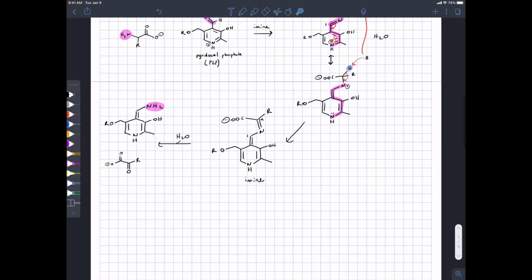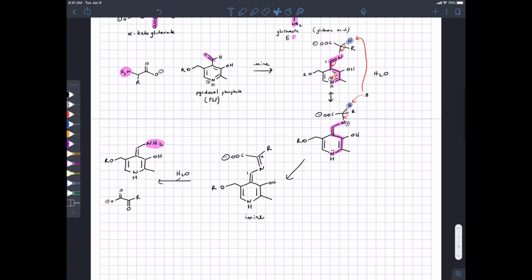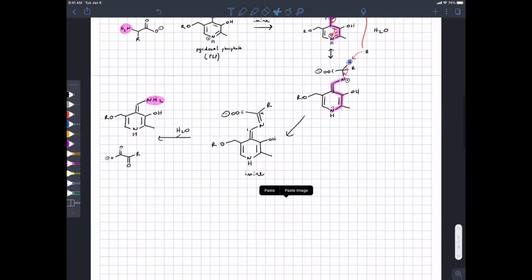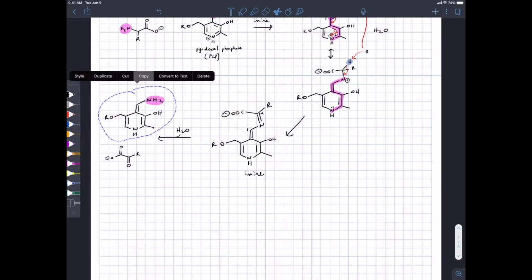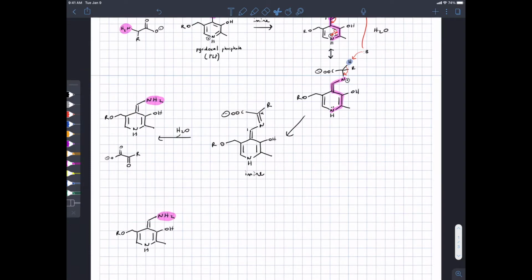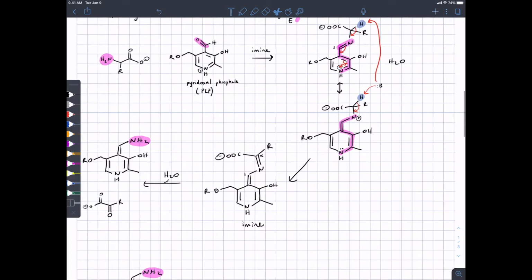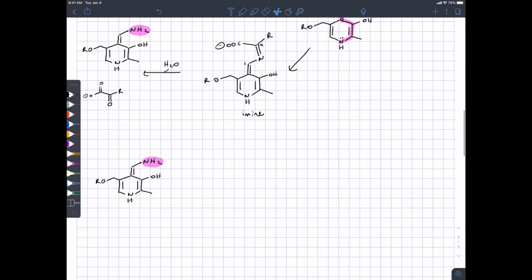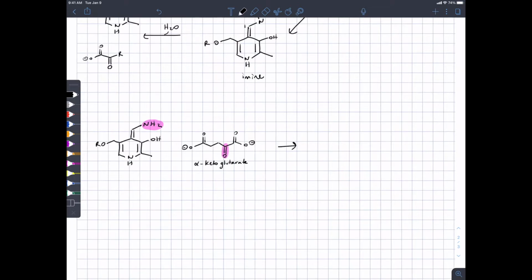We're not totally done yet, but the rest of this to make glutamic acid is just going to involve taking this now pyridoxal phosphate bound amine and alpha keto glutarate. And we maybe don't need to draw all the steps at this point, but we're going to make the imine again, now with the ketone that's on alpha keto glutarate.